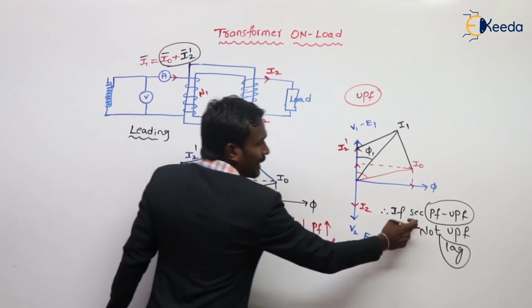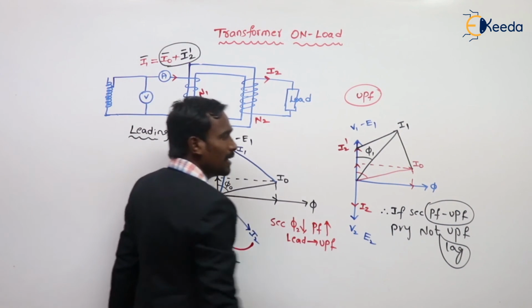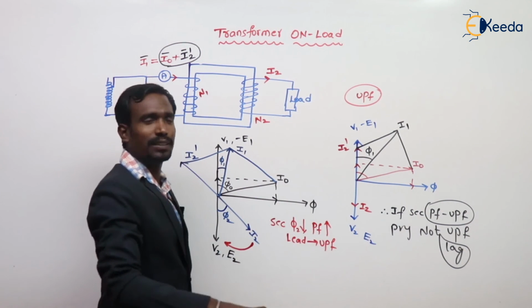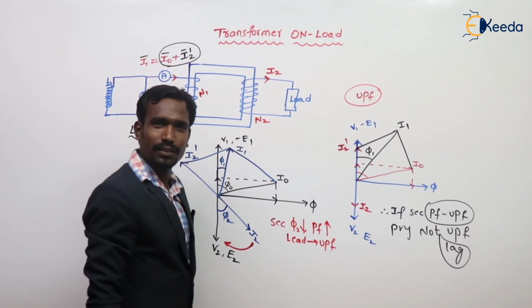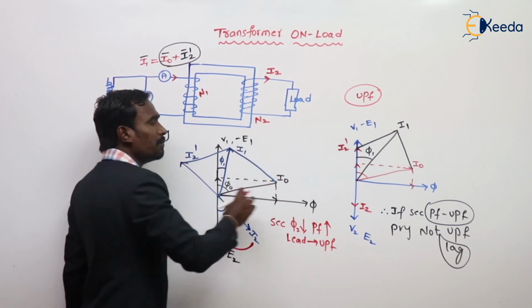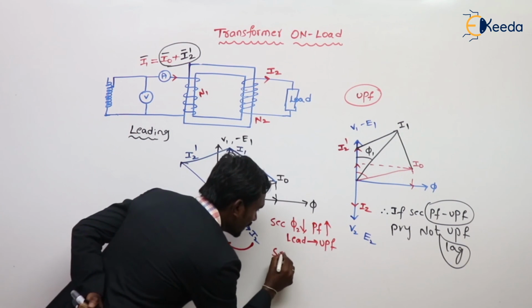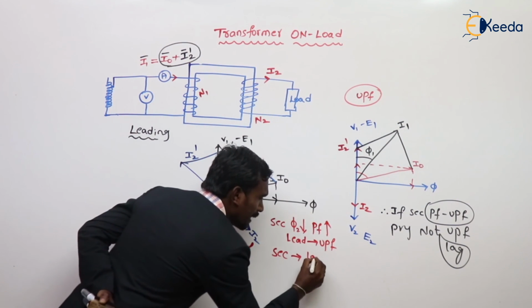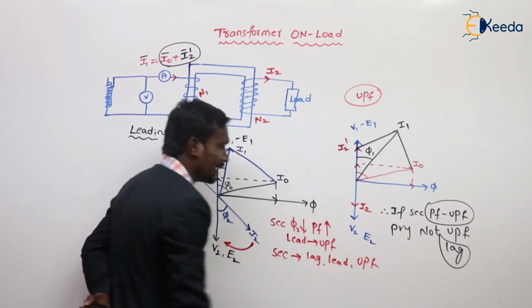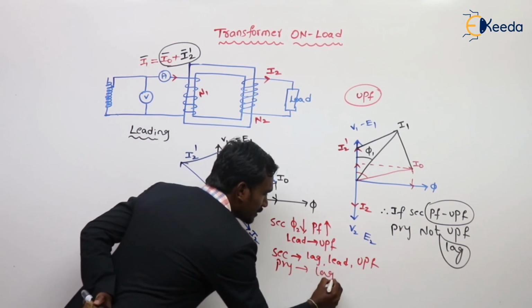So even though the secondary power factor is unity, the primary power factor is lagging only, not unity power factor. In the secondary it may be lagging or leading or unity power factor, but in the primary it is always lagging.